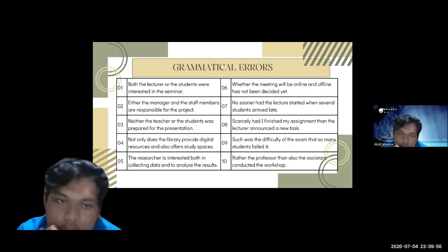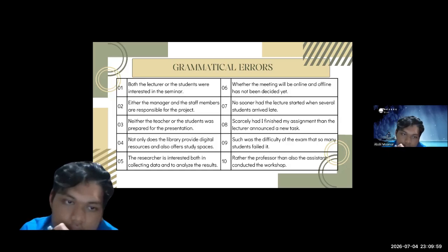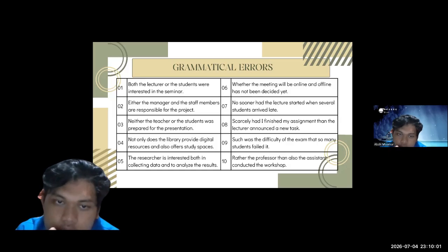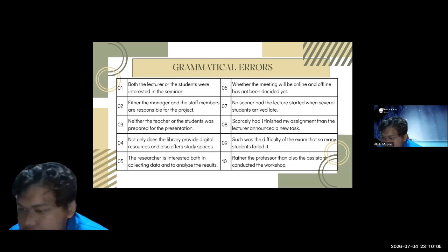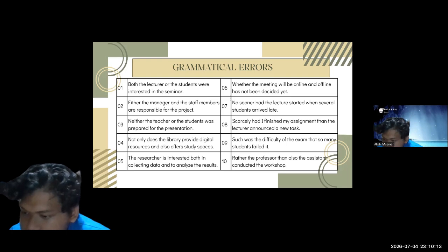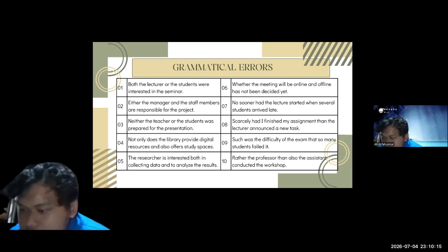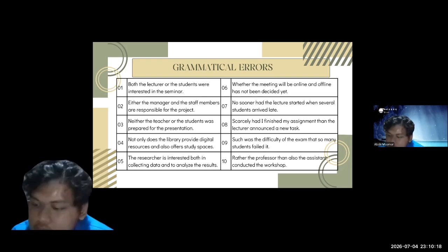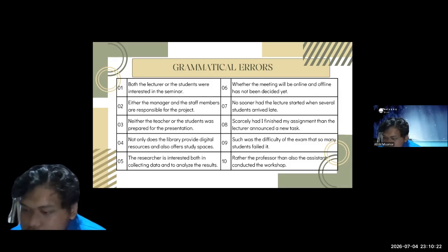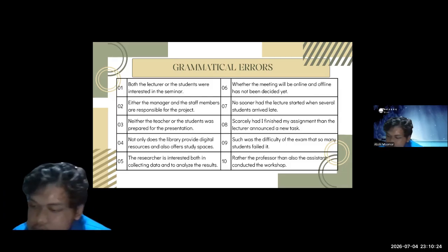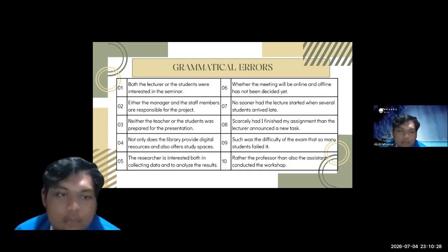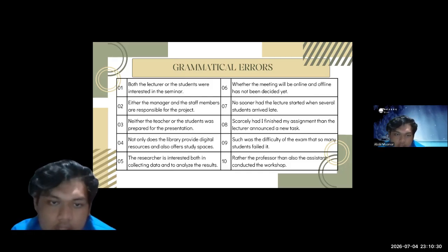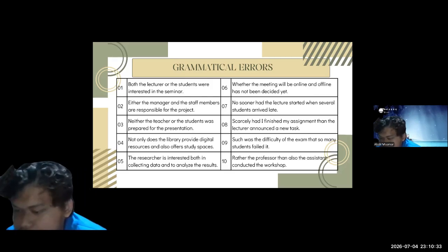Four, not only does the library provide digital resource and also offer study space, and is a wrong correlative pair with not only. Five, the researcher is interested both in collecting data and to analyze the result.